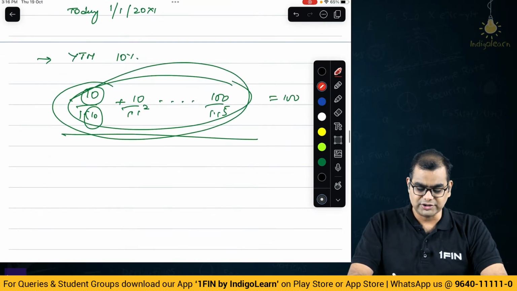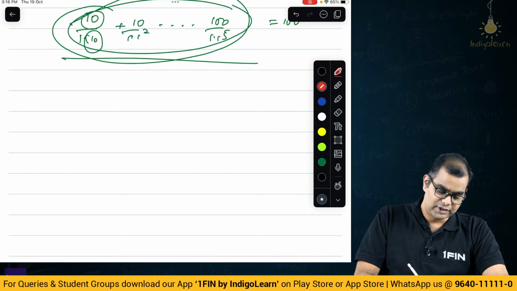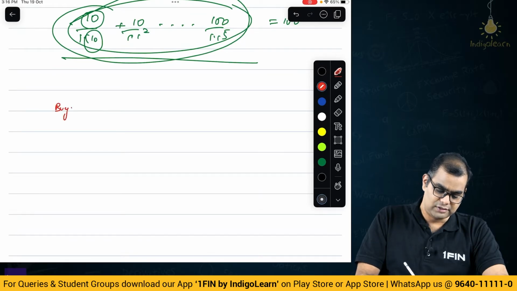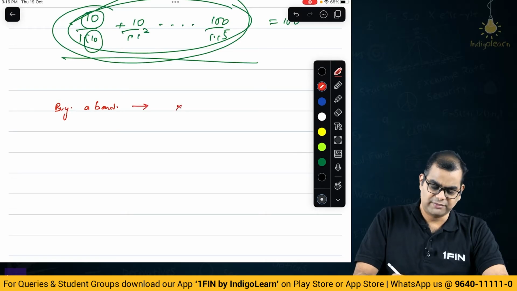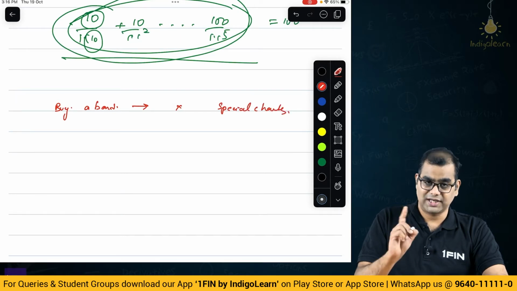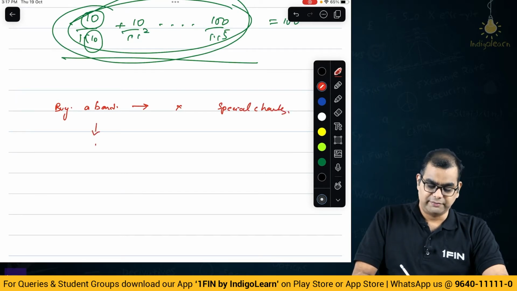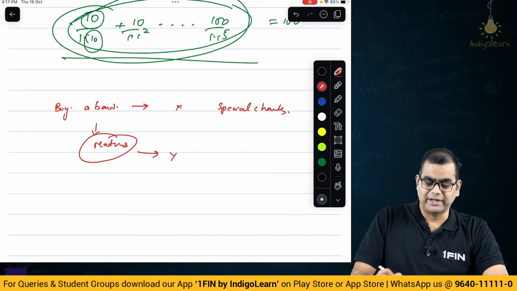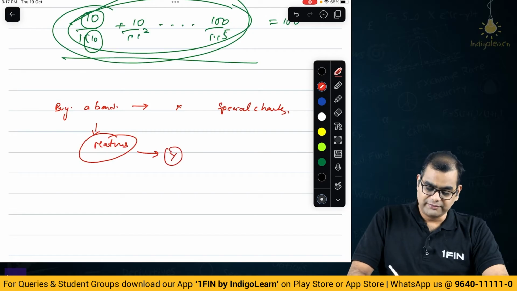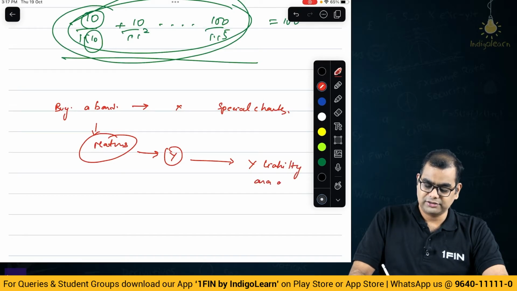So, what you can do is, you can buy a bond of some X value, with some special characteristics, such that this bond, when it matures, you get some Y money. This Y money exactly meets your Y liability on a due date.